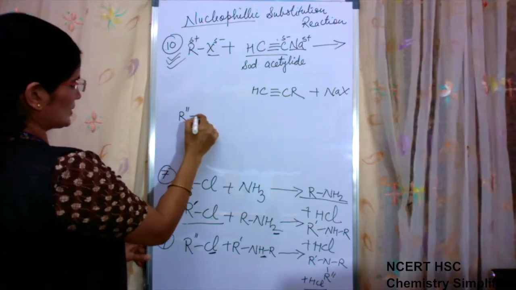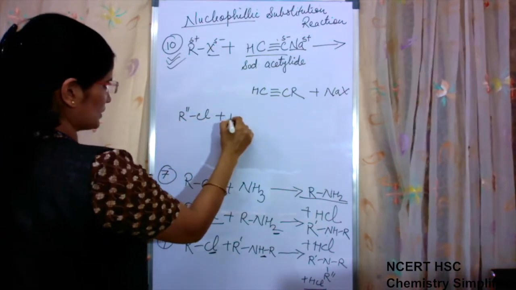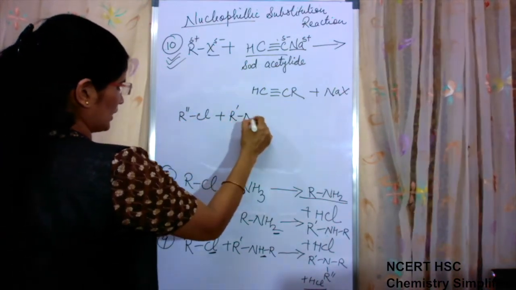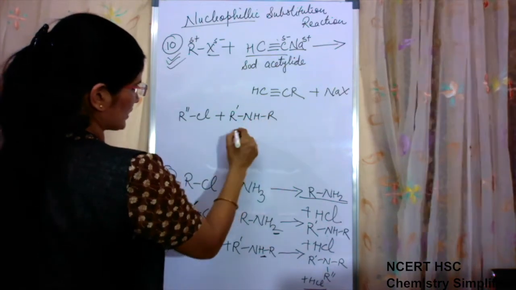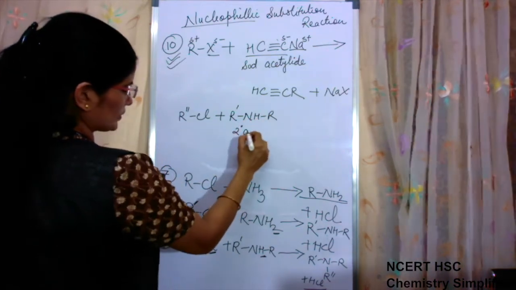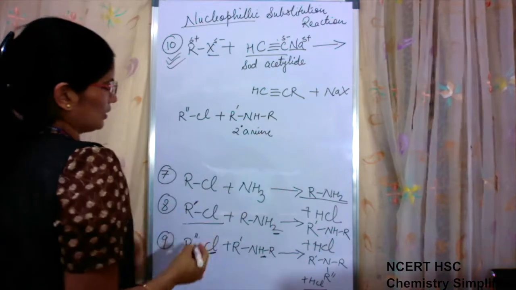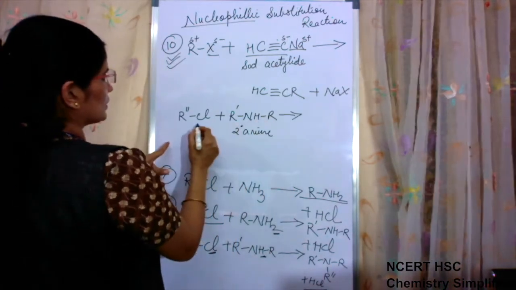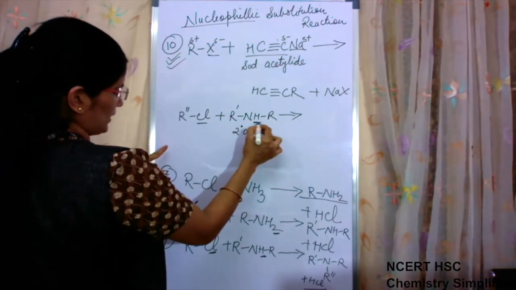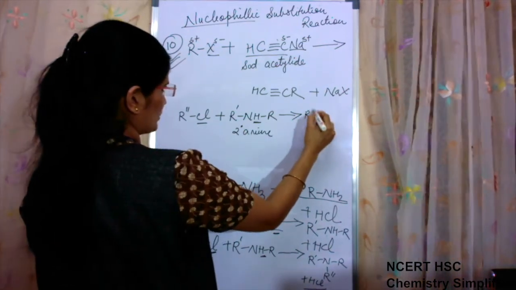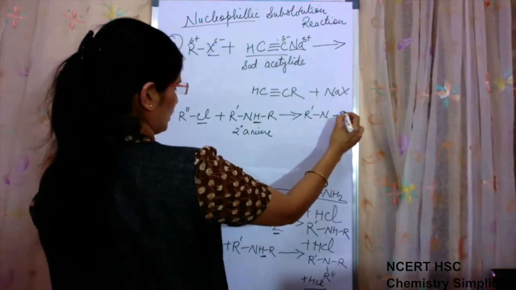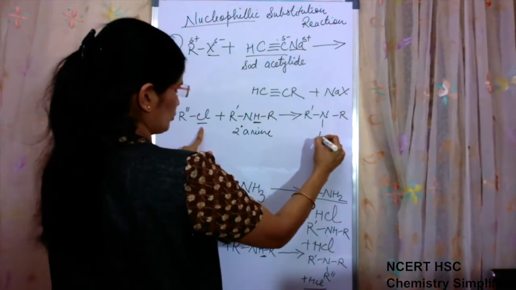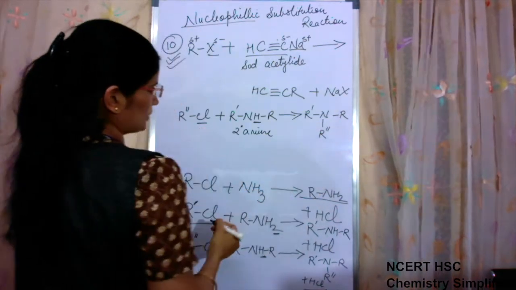R double dash Cl when reacts with R dash NHR. This is 2 degree amine. Then this Cl will go with H and R dash N R. H has been removed, so it will be R double dash here.